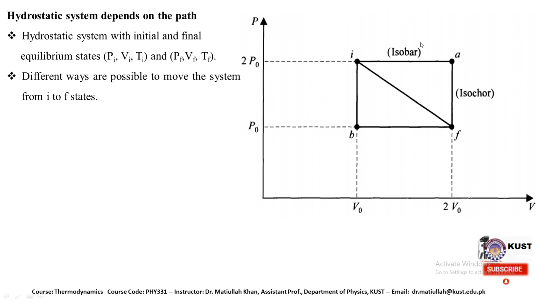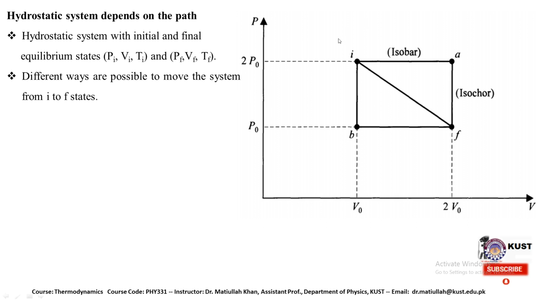One of the ways is IAF, another way is to bring the system through IBF, and the third one is to directly take the system from I to F. We need to calculate the work done in three different ways, in the three different paths, and then compare whether the work done is the same or different.